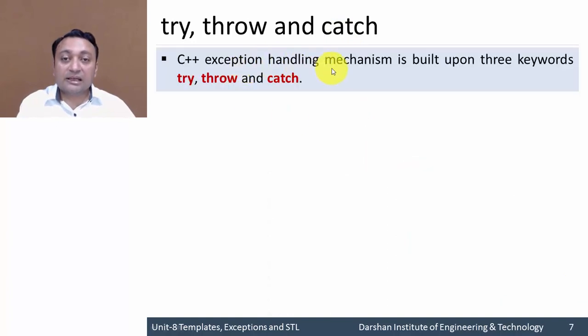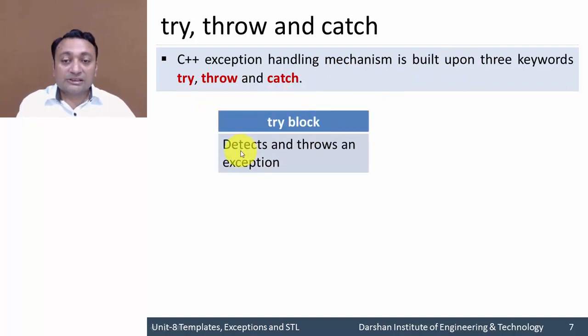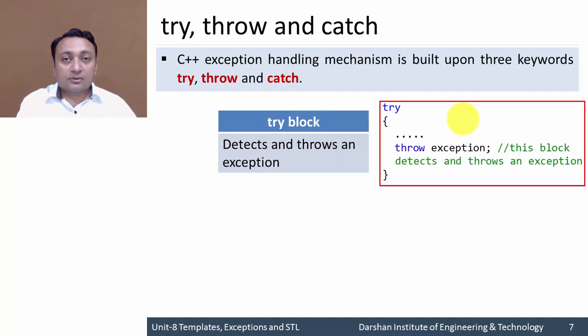The C++ exception handling mechanism is built upon three keywords, that is try, throw and catch. Try is a block which detects and throws an exception. So the instructions or code that you want to monitor for runtime errors, you are supposed to write inside the try block. If code inside the try block generates any runtime error, then we throw that error using the throw keyword.